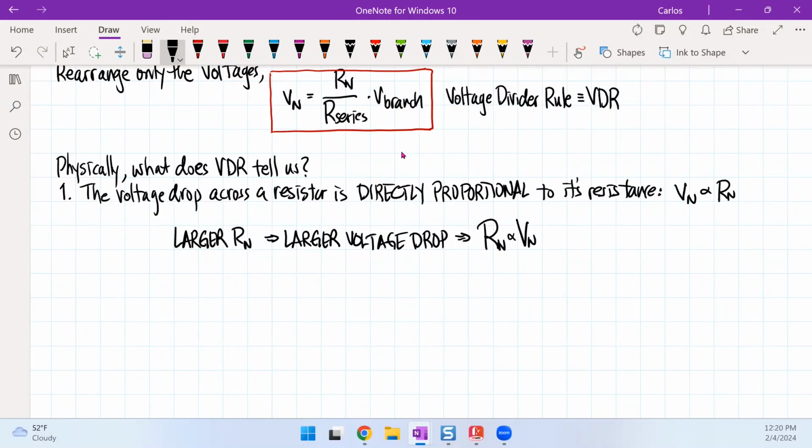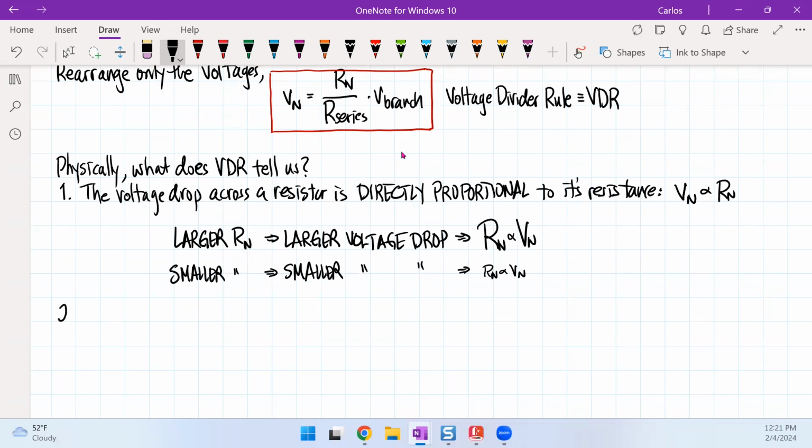Now, if I have a smaller resistance, then I'm going to have a smaller voltage drop. So right away, just by looking at a circuit, you're going to know that right away.